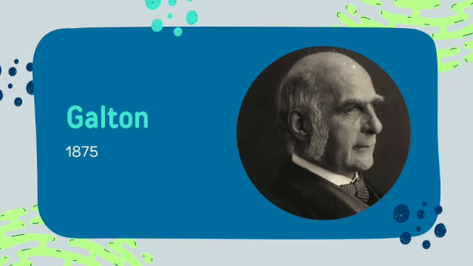So when it comes to twin studies in particular, the most accepted place to start would be with Sir Francis Galton and his work titled The History of Twins that was put out in 1875.